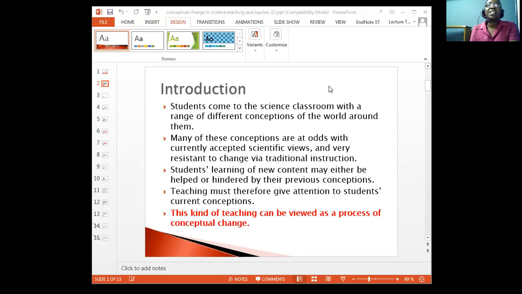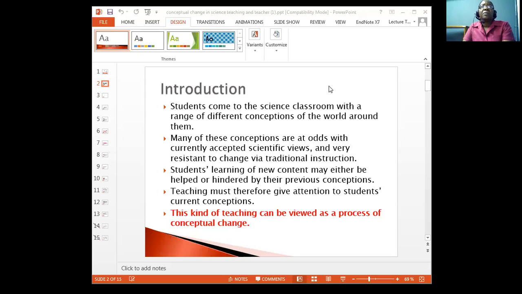But students come with a vast range of ideas. And the trouble is that many of these ideas contradict what we would consider accepted scientific knowledge. And in some cases, these ideas are very resistant to change if we use only traditional methods to attempt to get students to change and accept more scientific views.